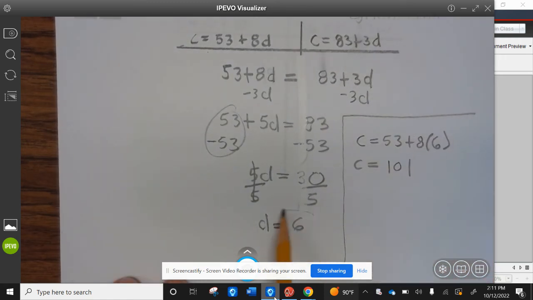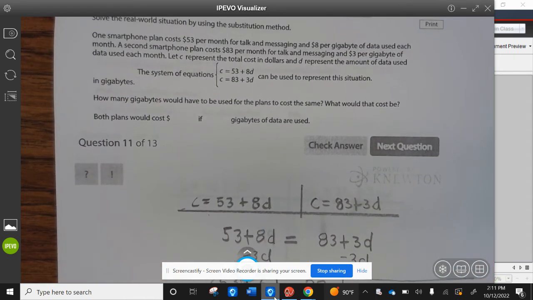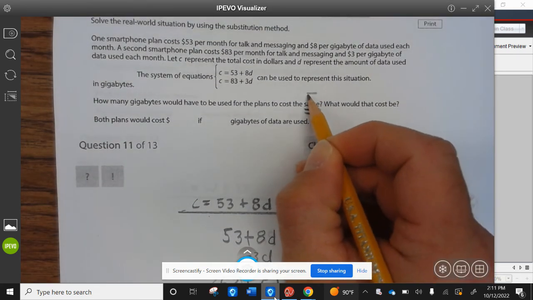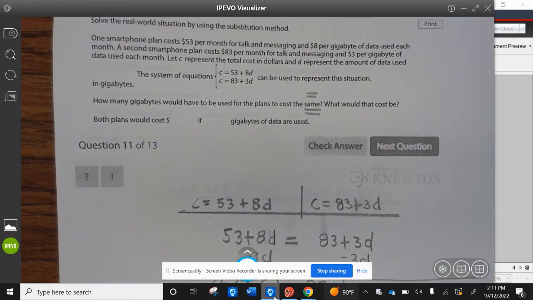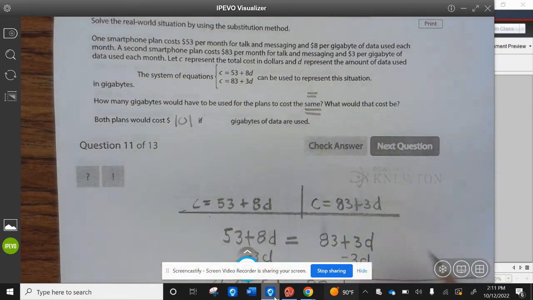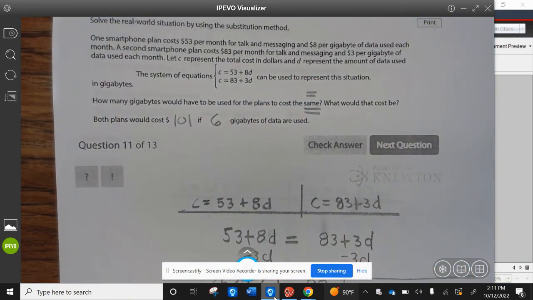Okay. So it says how many gigabytes would have to be used for the plan to cost the same? Again, same means equal to each other. What would the cost be if both plans cost $101 if 6 gigabytes were used?